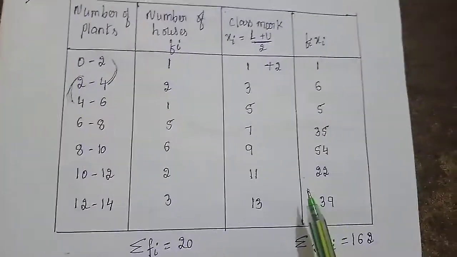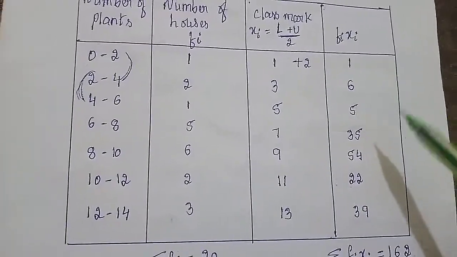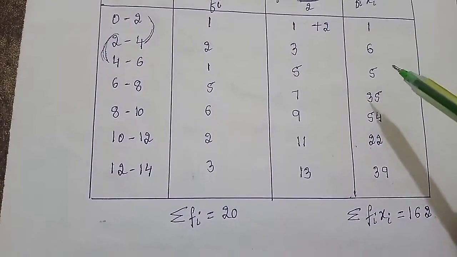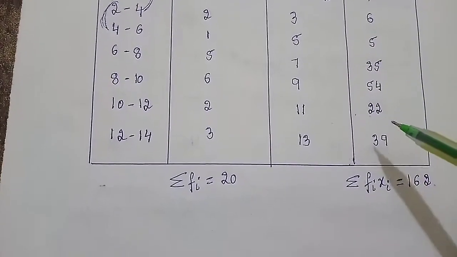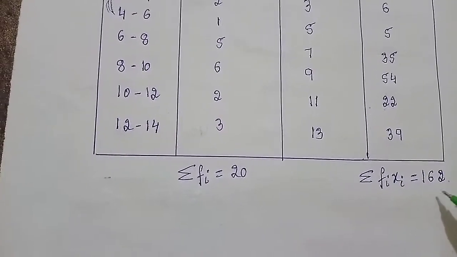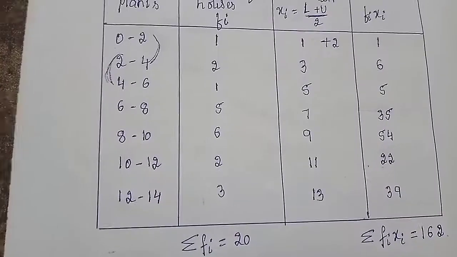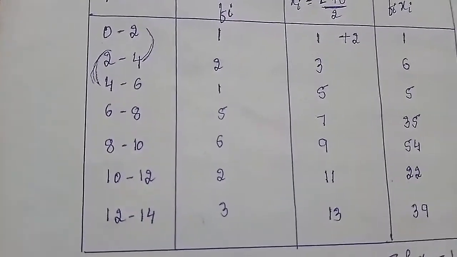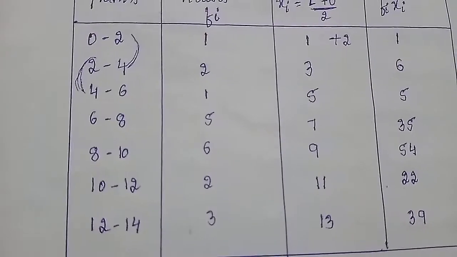Now the last column is fi xi. So add this column: 1 plus 6 plus 35 plus 54 plus 22 plus 39. Together we get 162. Now you can observe I am doing the first method, that is called direct method. Why I am doing direct method?